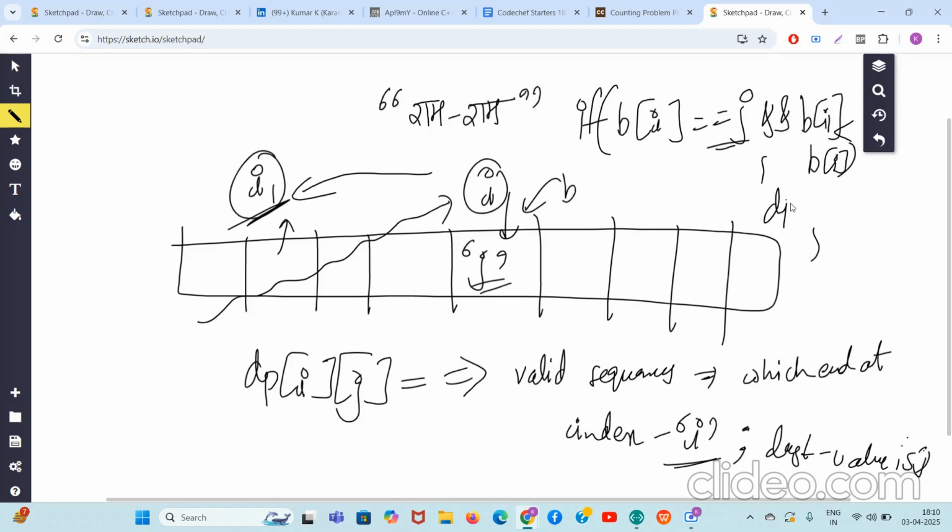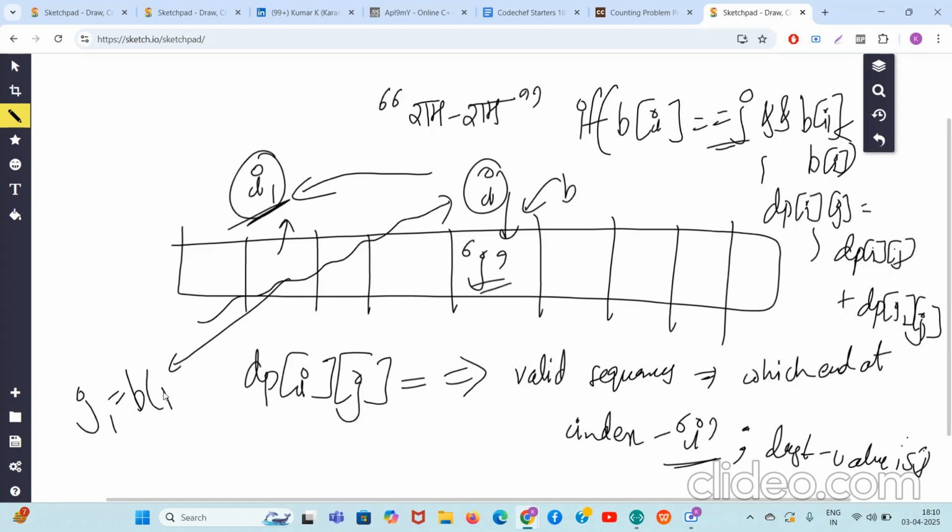Then you can just say that dp[i][j] is nothing but dp[i][j] plus dp[i1][j1], and here let's assume that j1 is nothing but B of I1. So that's it, guys.